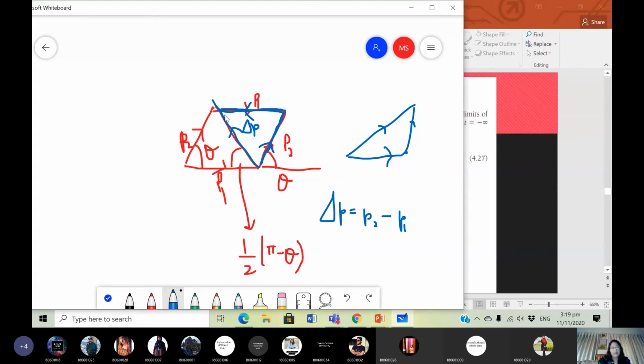And when we combine it, when we draw the arrow from the tail of one to the head of the other, we get delta P. Make sense? Change in momentum.